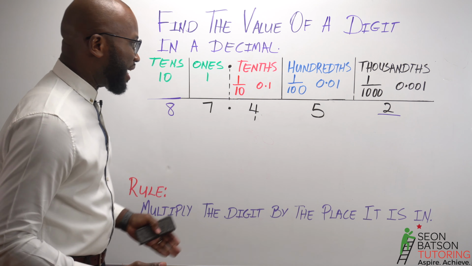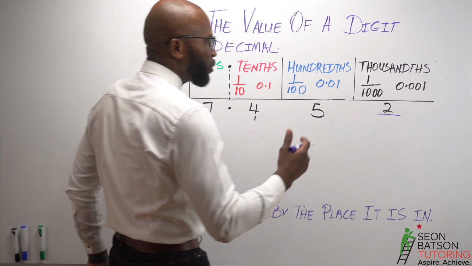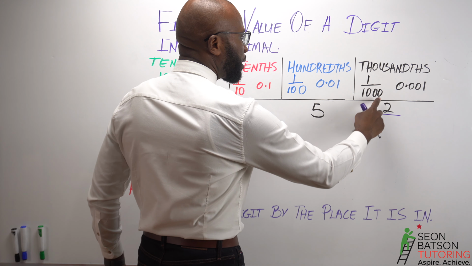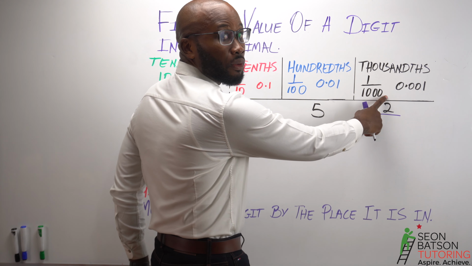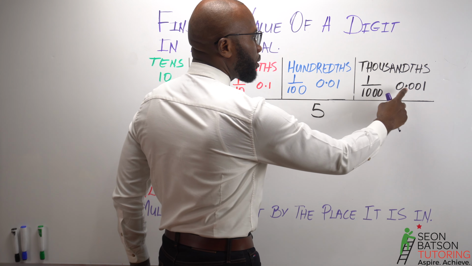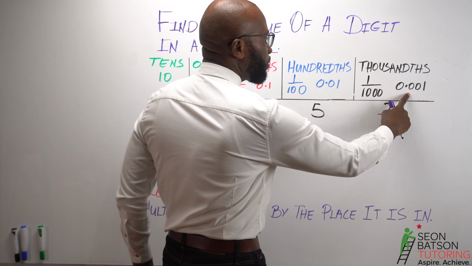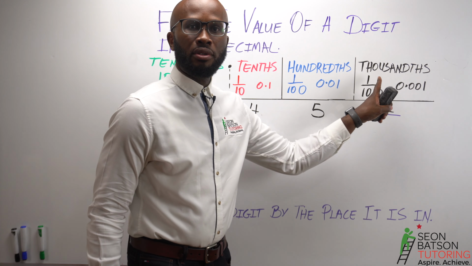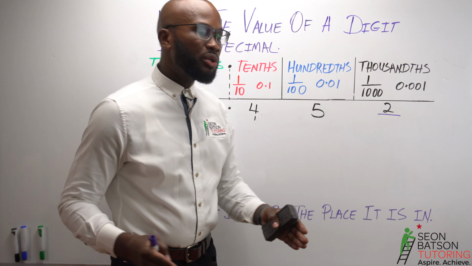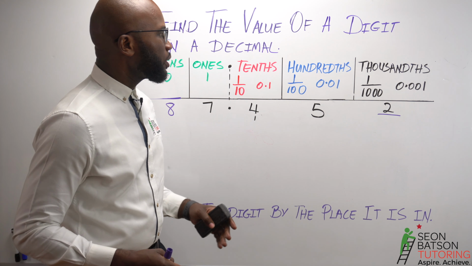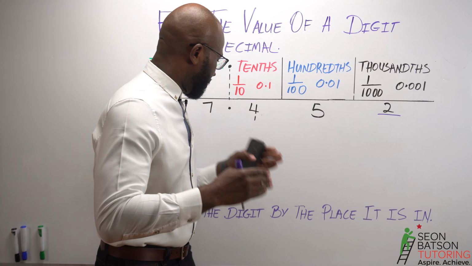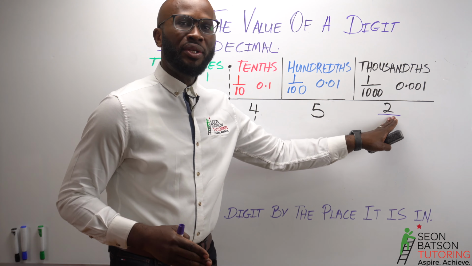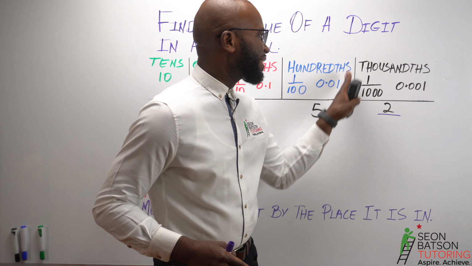To find the value of the 2, we can multiply the 2 by the fraction 1 over 1,000 or the decimal 0.001. Why? Because the 2 is in the thousandths place. To find the value of any digit in a decimal, simply multiply the digit that you are trying to find the value of by the place that digit is in.